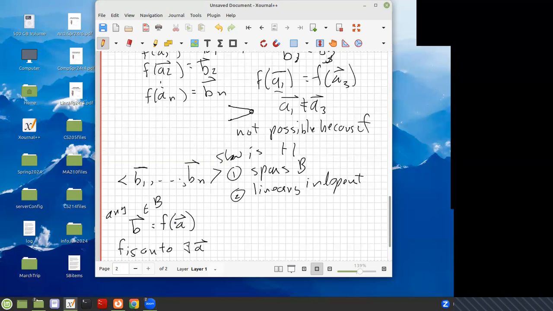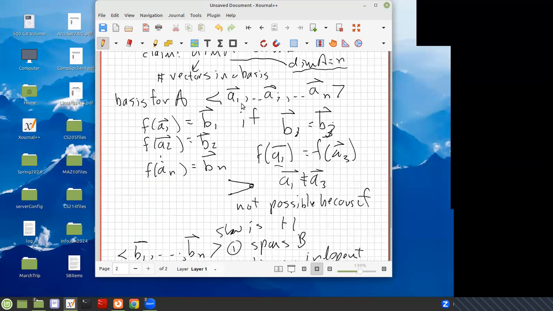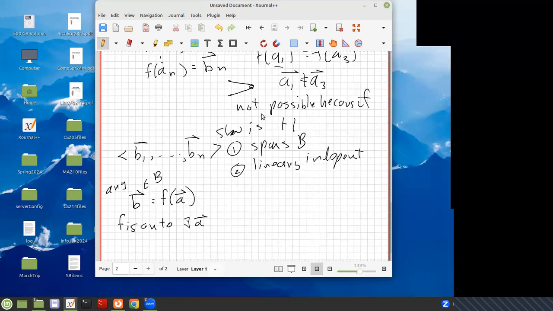But then A is a vector in the domain. So we have to be able to write it as a linear combination of these.